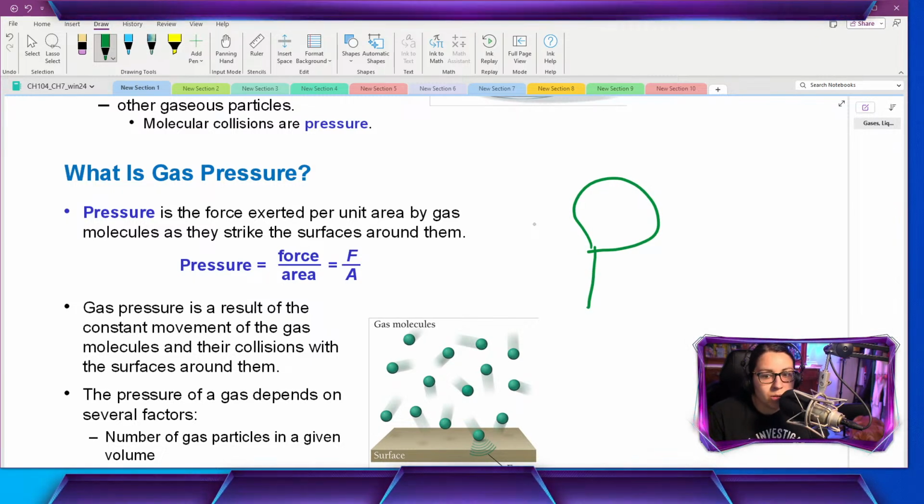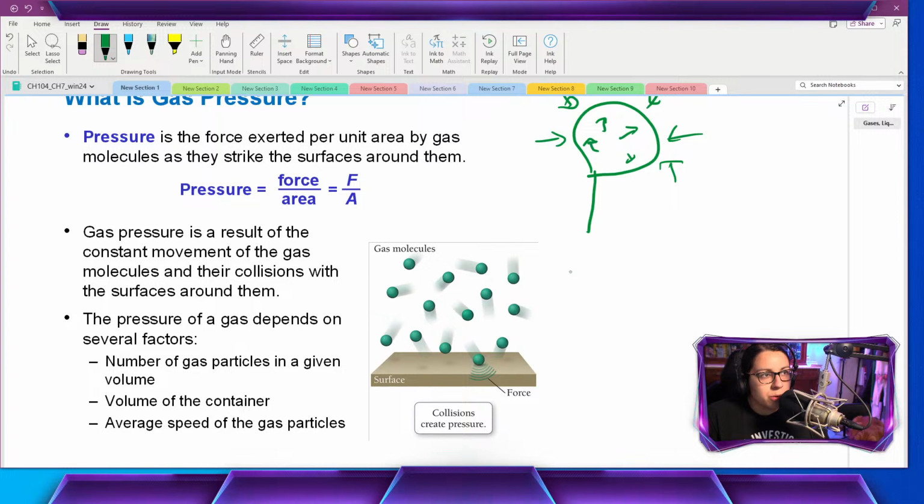What's cool about the balloon is that the balloon has to fight against the atmosphere. If you think about our atmosphere, we have tons of collisions bashing down on our balloon. That means in order to stay inflated, the balloon particles have to be colliding on the inside and fighting against our atmospheric pressure to keep our balloon inflated.